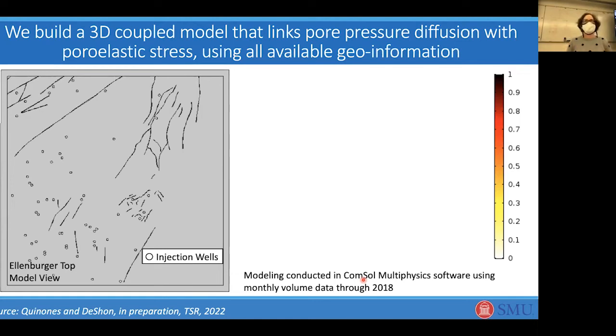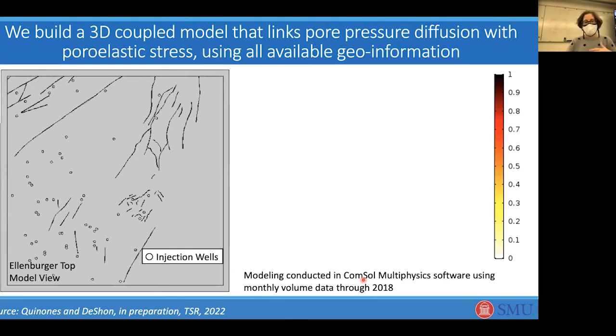We have 3D geology, we have faults, we have a higher resolution earthquake catalog. So what Lewis did is he did fully coupled pore pressure diffusion and poroelastic modeling inside the COMSOL Multiphysics software. This allowed him to include the full 3-dimensional dipping units.